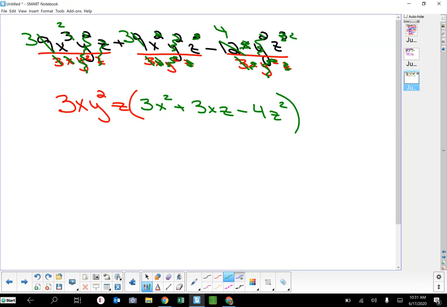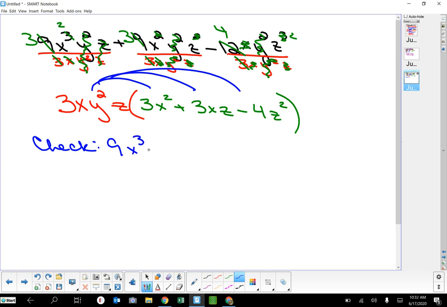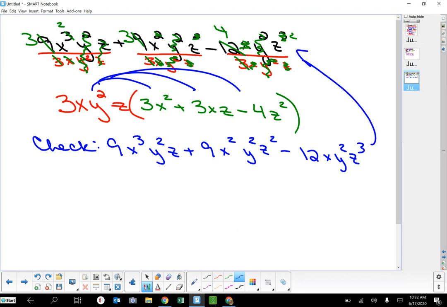And again, if you wanted to check, you could redistribute all of these, and this would give me 9x to the third y squared z plus 9x squared y squared z squared minus 12x y squared z cubed. And this should be the same as what you started with if it works and you're correct. And also, you should have no GCF left in here.